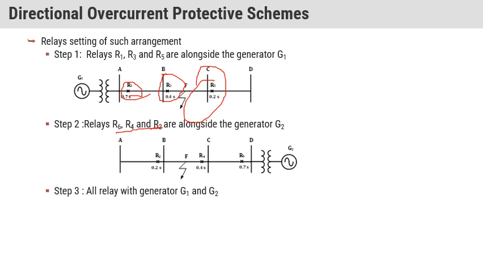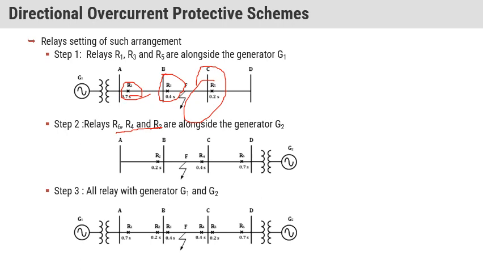Step 3: all relays with generators G1 and G2 look like this, and each has a different current setting. You can see here that relay R1 has a time of 0.7 second, R3 has 0.4 second, and R5 has 0.5 second.